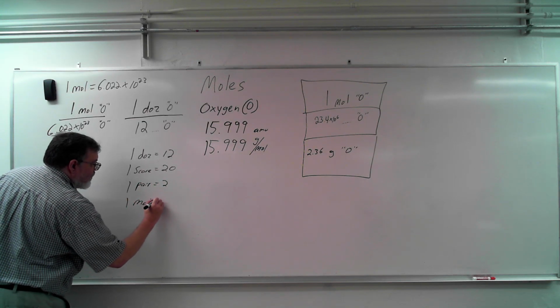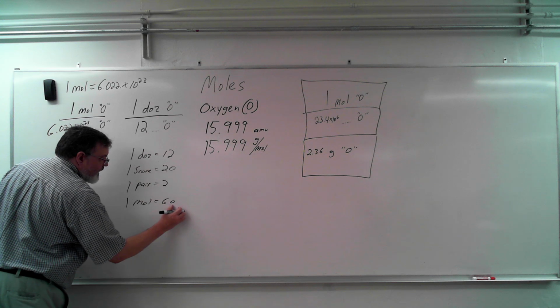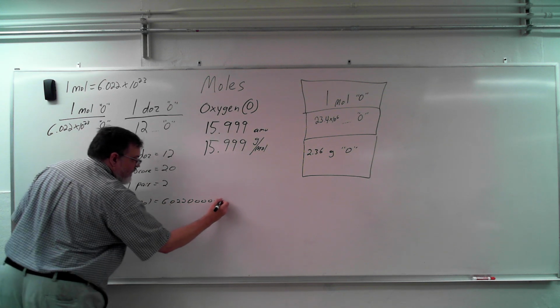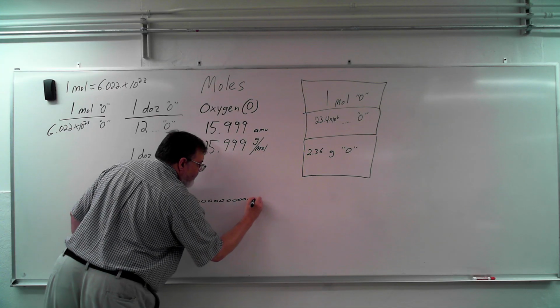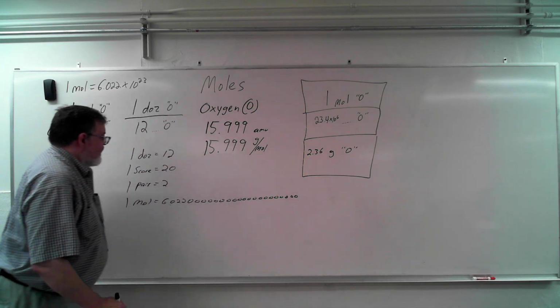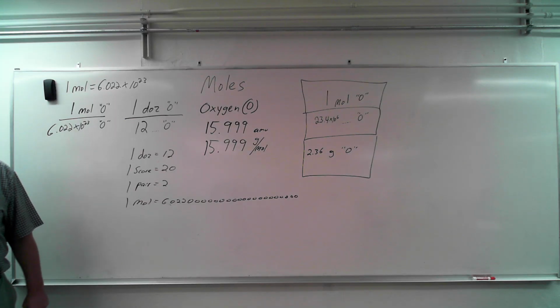And 1 mole equals 6.022 times 10 to the 23rd. Let me write it out: 6.022, then 1, 2, 3, 4, 5, 6, 7, 8, 9, 10, 11, 12, 13, 14, 15, 16, 17, 18, 19, 20, 21, 22, 23. These things are literally the same idea.